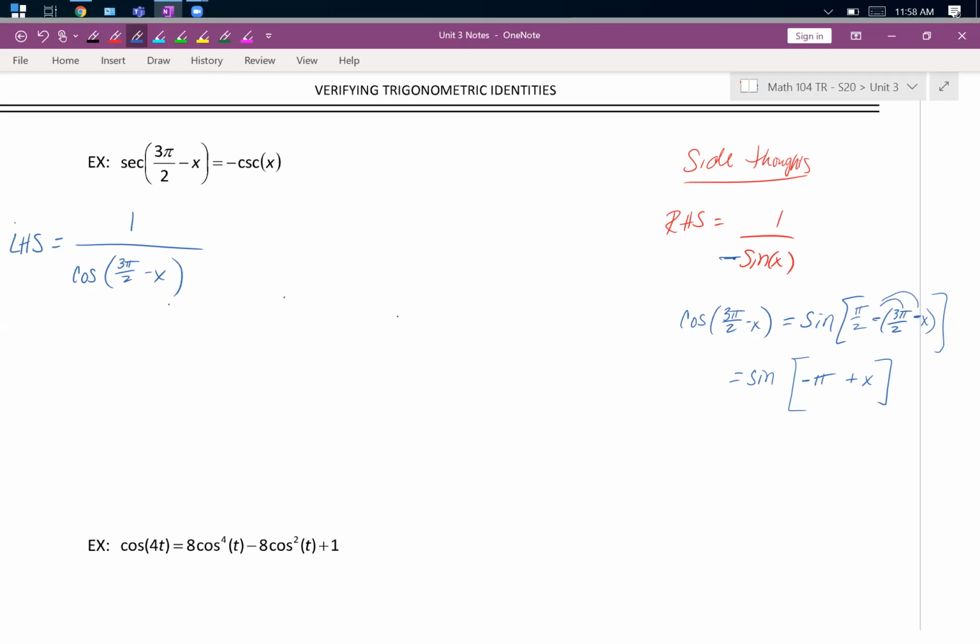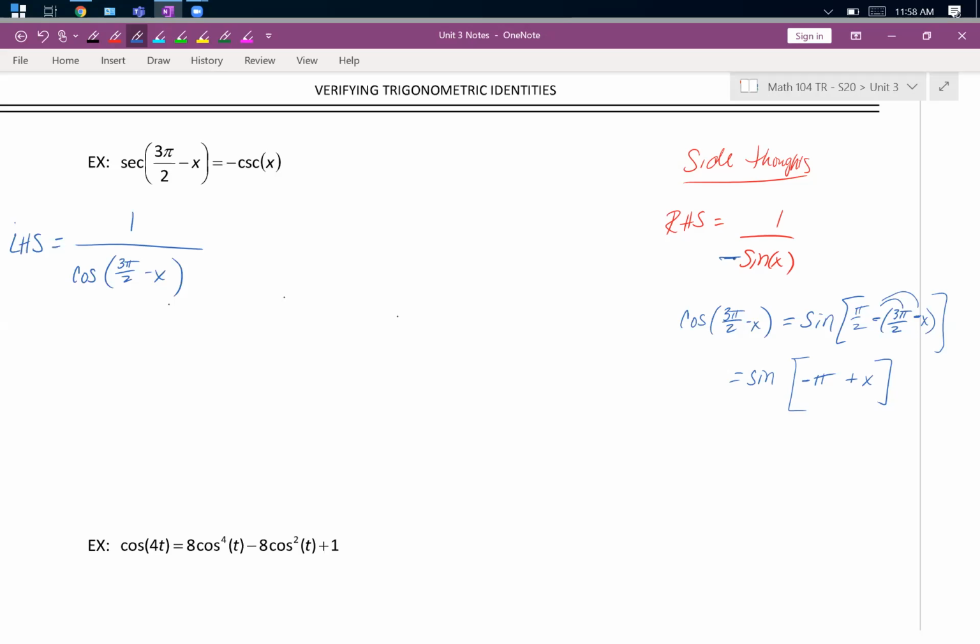If we use our co-function identity, now what? And you have not led us down a terrible path, so we can still build off of this. We have an argument that is a sum, and we need the argument to not be a sum. The formulas that we have for that are sum and difference formulas.